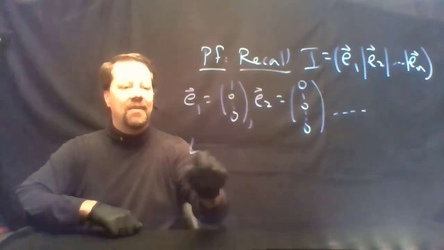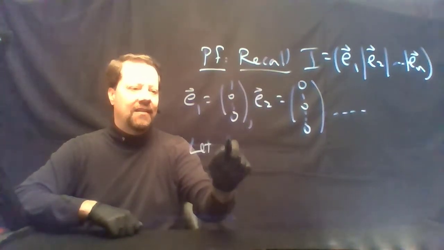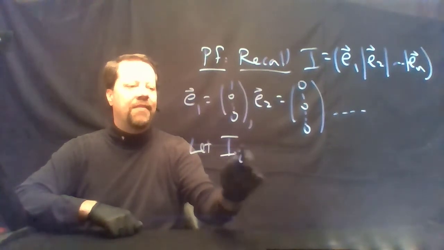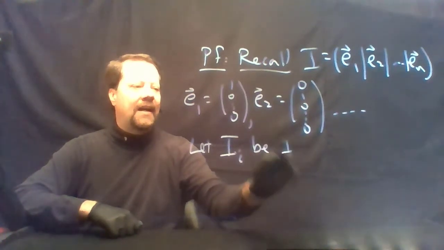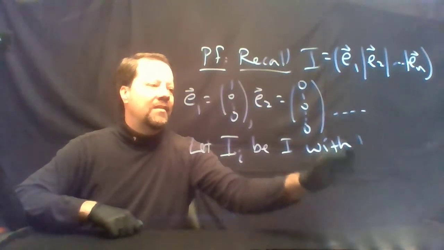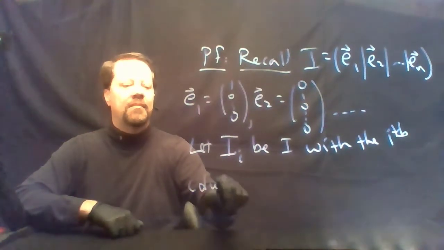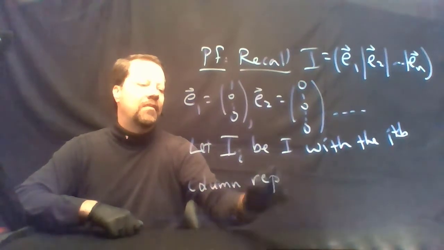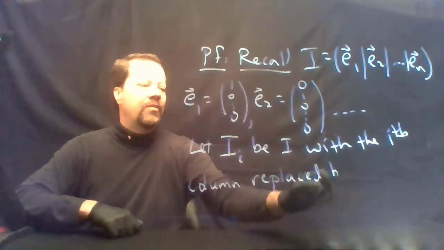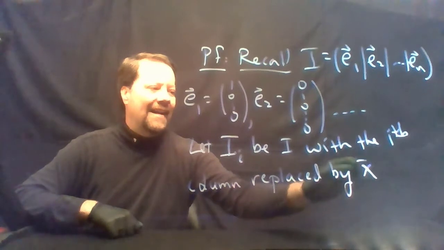Now, let I with the subscript I be I with the ith column replaced by x.